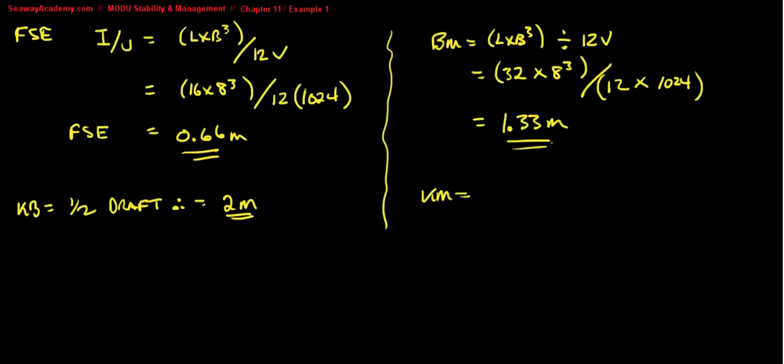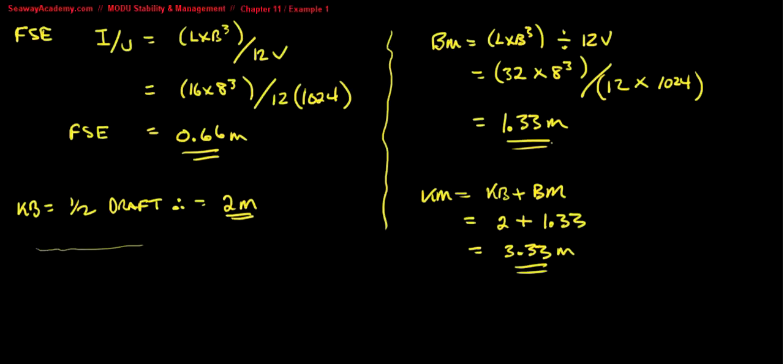So now we can calculate our KM, and our KM is equal to our KB plus our BM. Your KB is 2, the BM is 1.33. So your KM is 3.33 meters. Now we're able to calculate our dry GM and our wet GM.